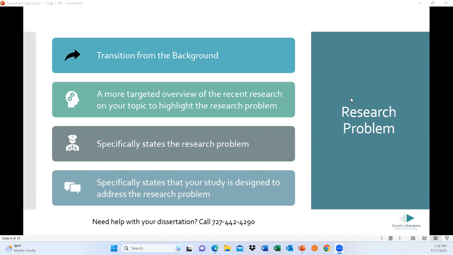Let's just take an example real quick. Let's say your research problem is a gap in the literature. Well, if it's a gap, how do you describe it? You see what I mean? A gap is something that doesn't exist, right? By definition, a gap is an absence of something. So how do you describe your research problem if it's an absence of information?